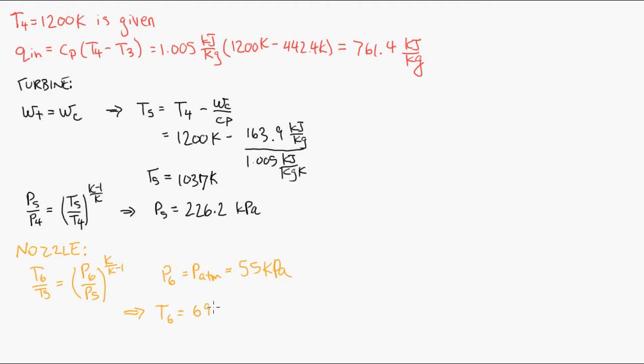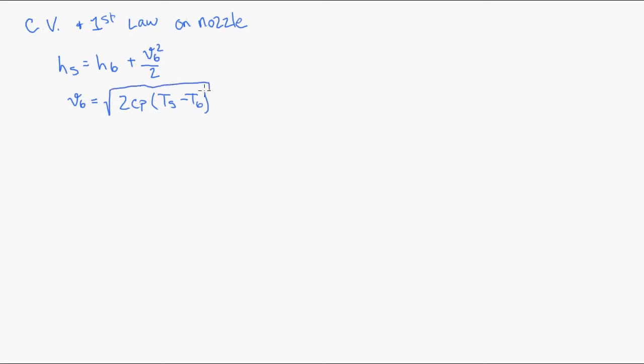So we know our pressure ratio, therefore we can find the exit temperature. And using a control volume and the first law of thermodynamics around the nozzle, we can then solve for the exit velocity. We know our heat capacity, we know the two temperatures at state 5 and state 6, and therefore we find 832.4 meters per second is the velocity exiting the nozzle.